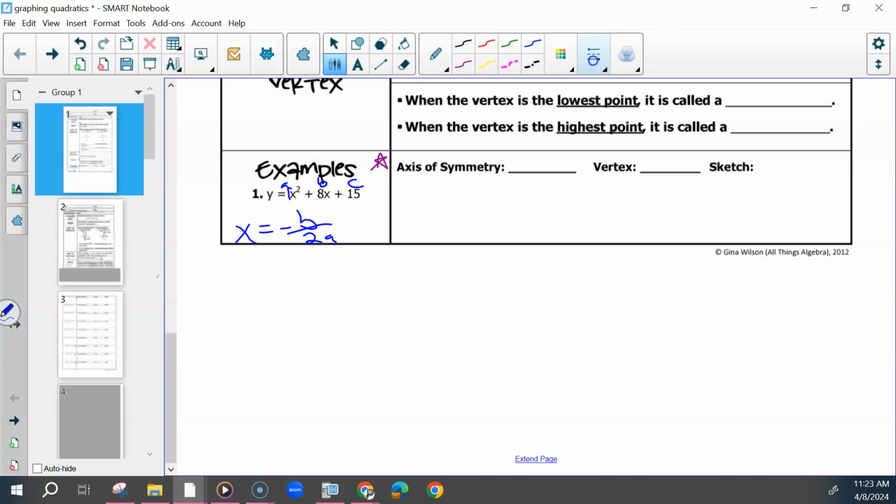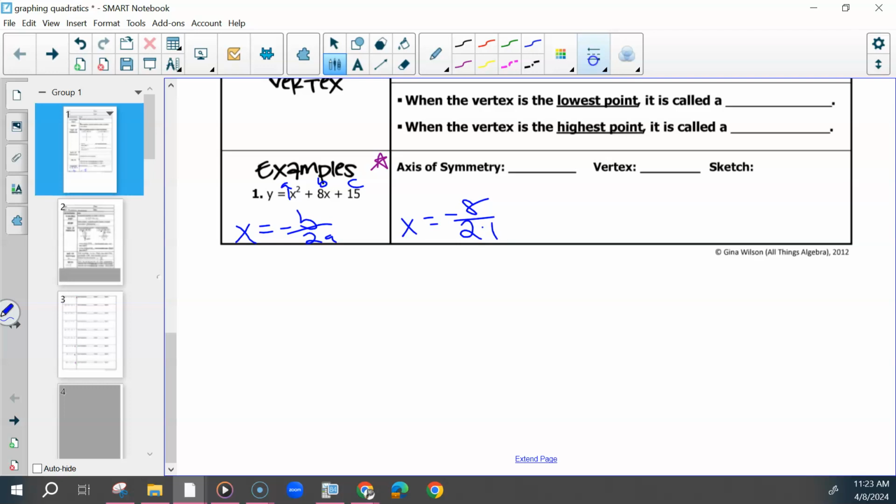So how would we set up our formula? x equals negative 8 over 2 times 1.